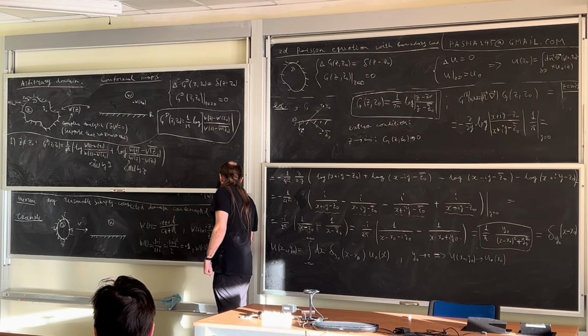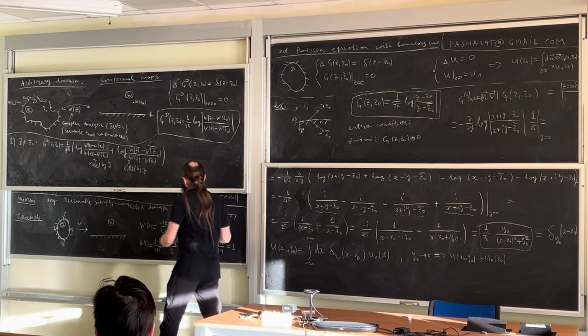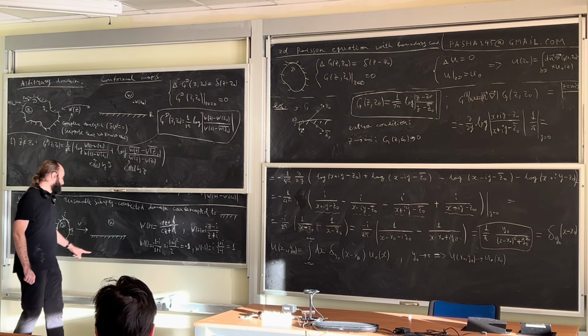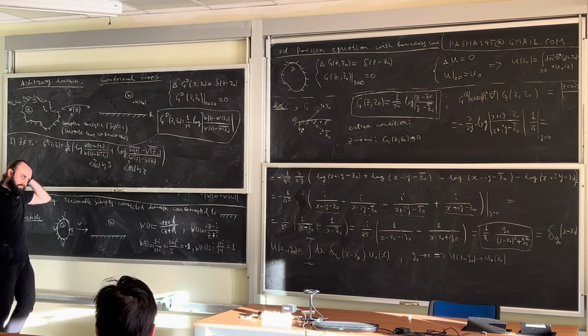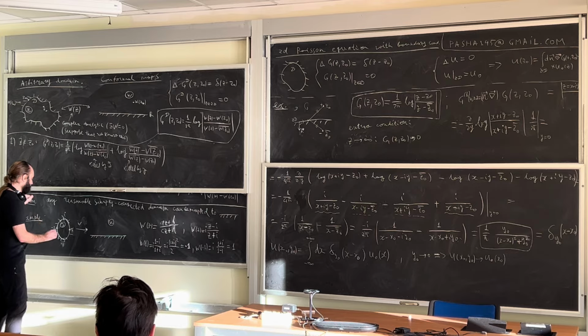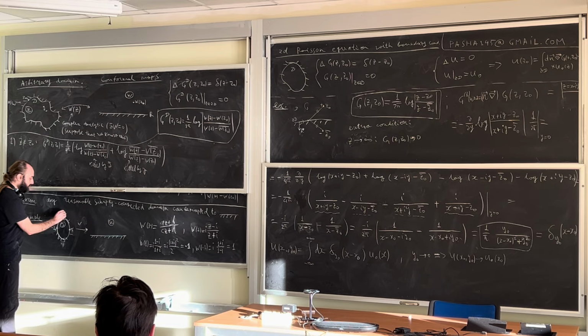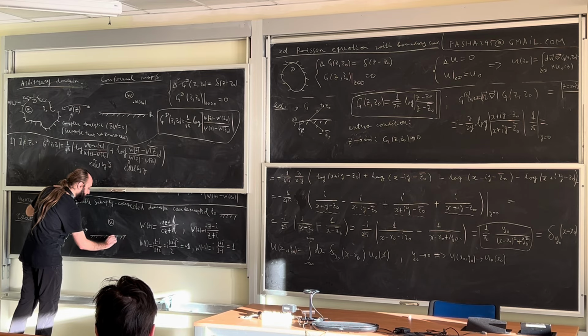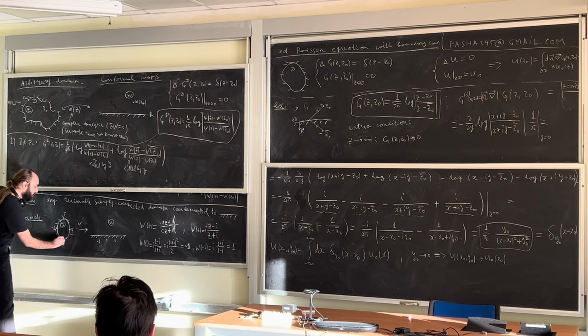So it is 1. And yes, W of I is 0. W of minus I is infinity. And there are points 0, 1, and minus 1. And this goes to infinity.